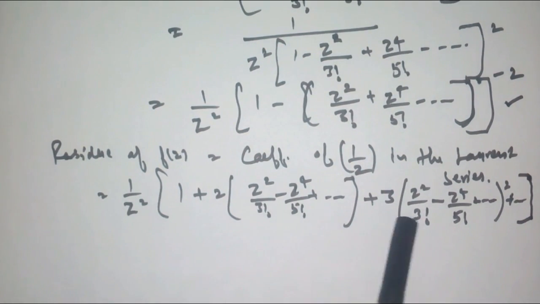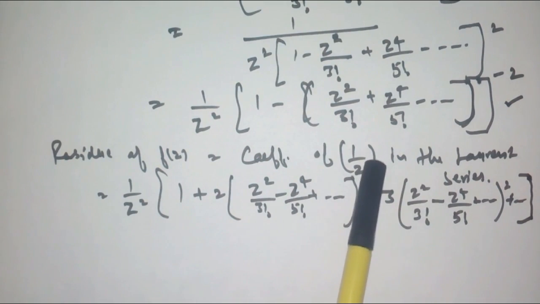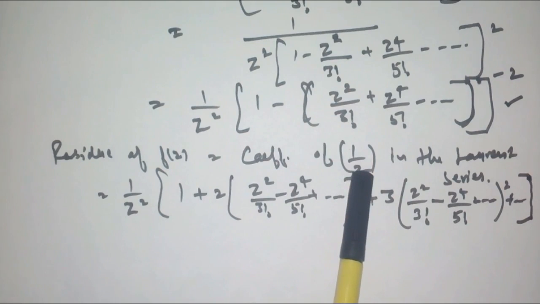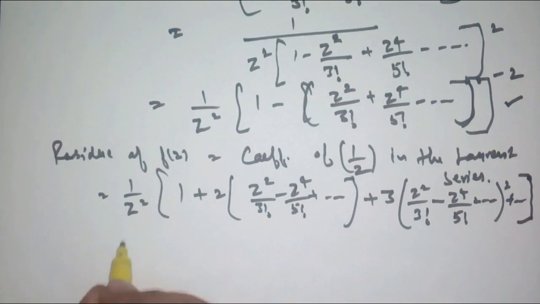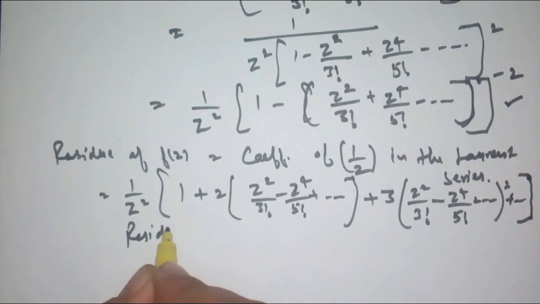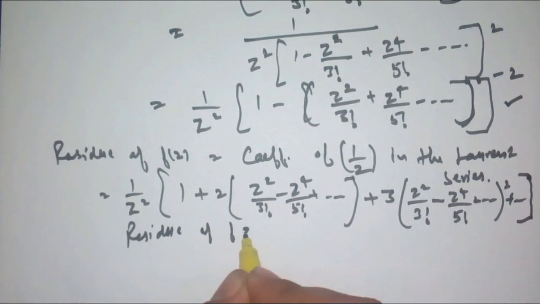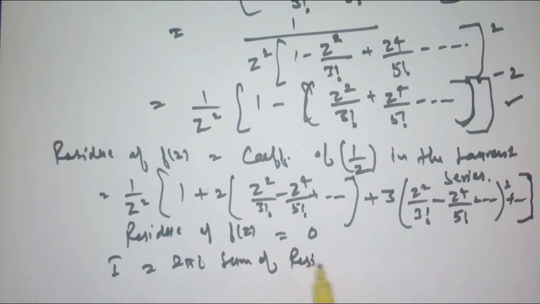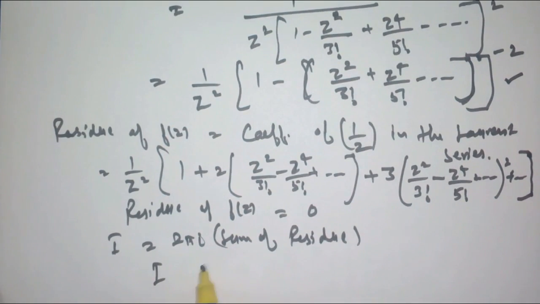In this series you can see that there is no term of 1 upon z, so the coefficient of 1 upon z will be 0. It means the residue of f(z) is equal to 0, and the value of integration is 2 pi iota times the sum of residues, so it will also be 0. That means 0 is the right answer.